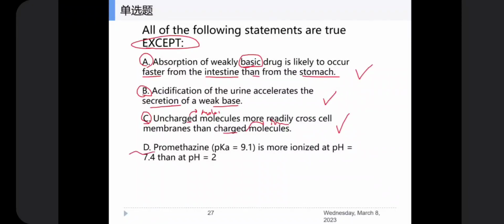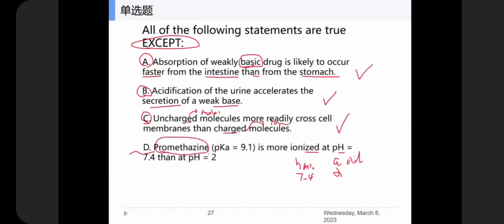The last one: the drug promethazine is more ionized at pH 7.4 than at pH 2. Okay, first we want to understand pH 7.4 compared to 2. pH 2 is an acid environment, and here is a more basic environment.